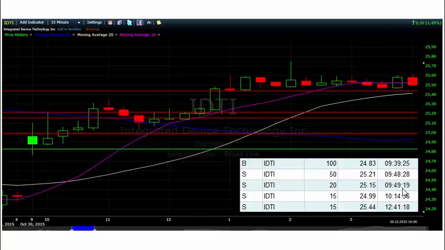So just 1 minute later, I decided to sell 20 shares more, and that was still 25.15. The price was still 25.15, so you see this is this other red line. And so I sold now 70 shares, and I had 30 left.